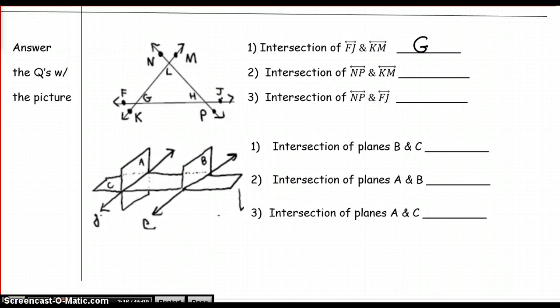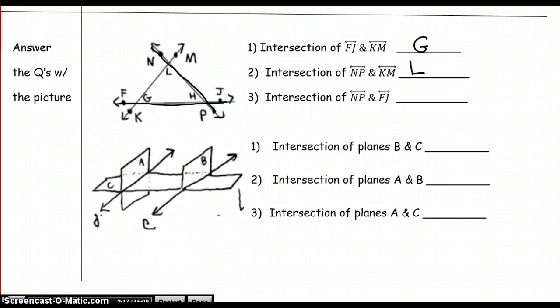So for number two, we've got line NP, as you can see right here, and you've got line KM right there. Where do they intersect? Whammo. Good old point L. And last right here, when talking about just the intersection of two lines, we've got line NP and then line FJ.